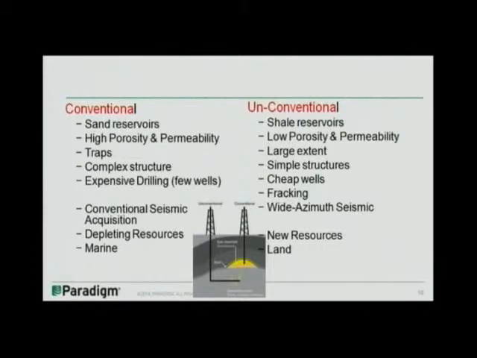The conventional, as I said already, is concentrated in small areas which are traps, while the unconventional have huge extent, because we're actually discussing a source rock, and we have extremely large sheets of these shale layers that we're looking at. So it's very large reservoirs.